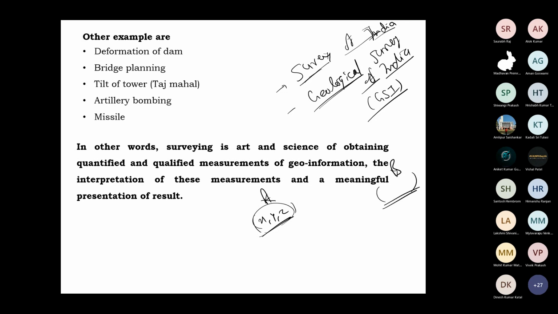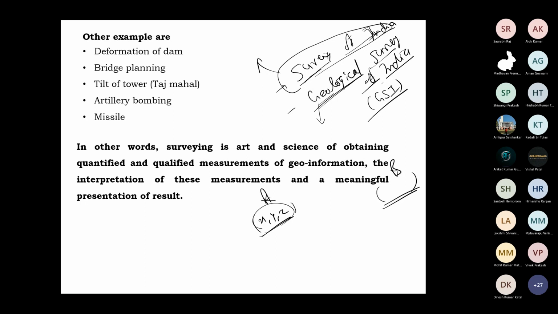What can be the geological information? Where is the mineral, where is the coal, where are the other mines? So it can help us, because Survey of India will give all the maps and the Geological Survey will give the geological things in the map. So these are the bodies where we can take the map from. Are you getting something?